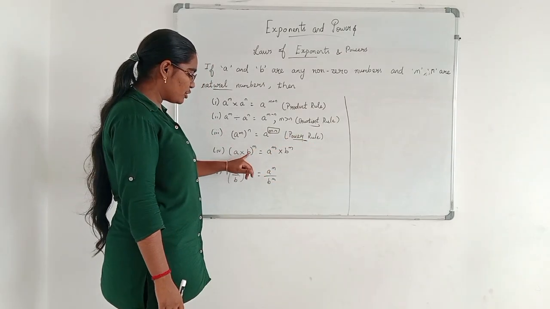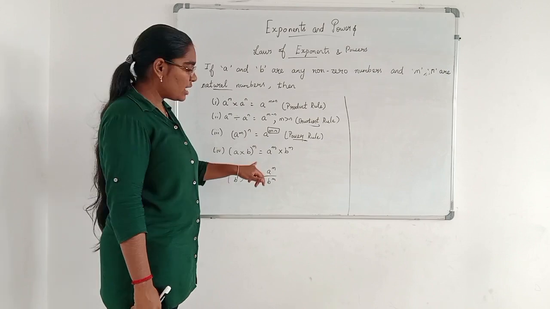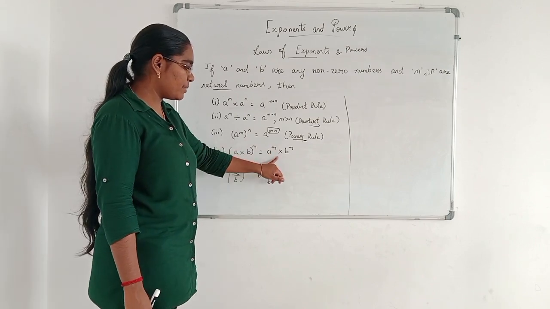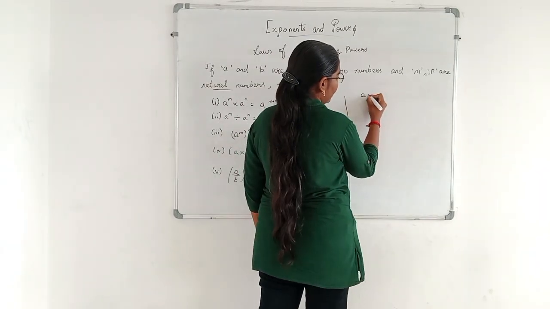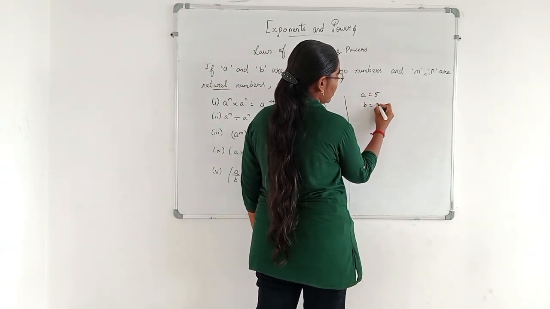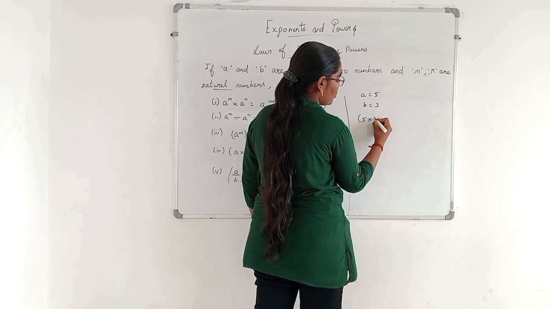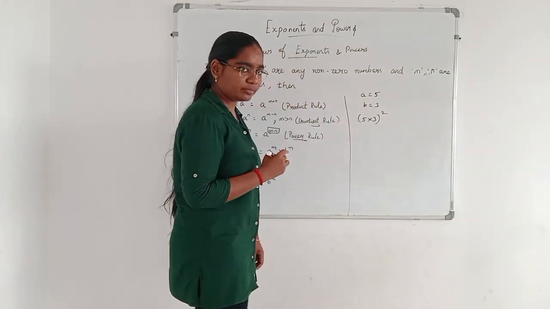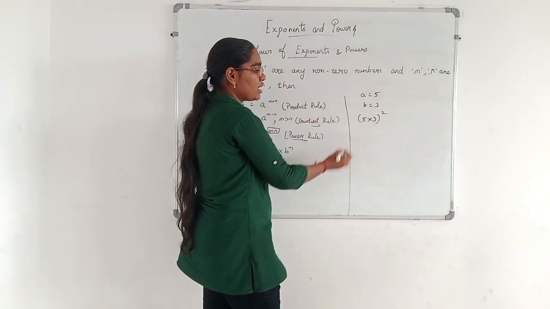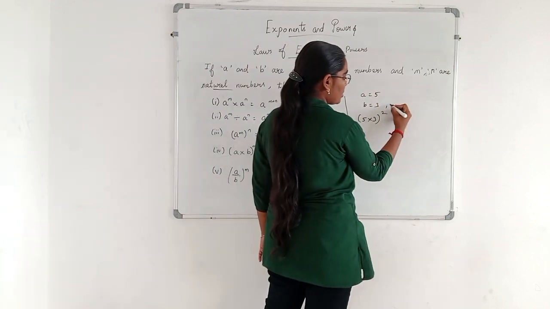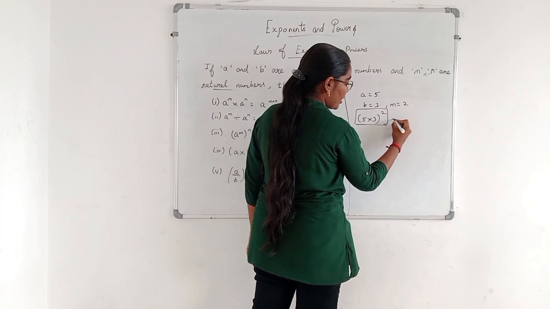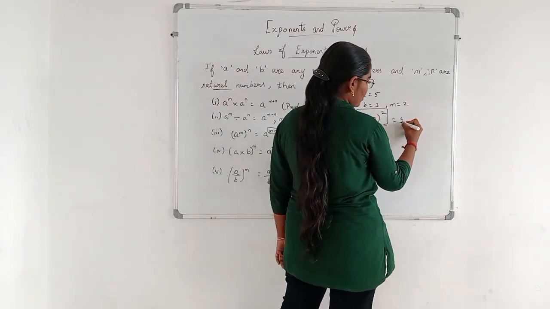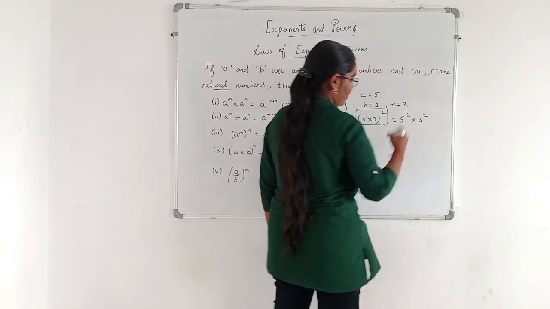Okay, this: a into b whole to the power of m equals a to the power of m into b to the power of m. For example, a equals 5, b equals 3. Okay, so 5 into 3 whole to the power of 2. Here a is 5, b is 3 and m is 2. So this value equals 5 square into 3 square.